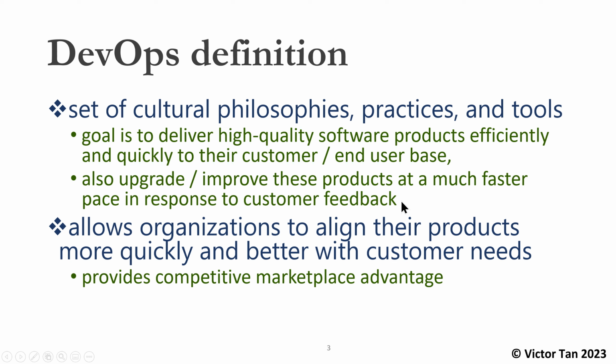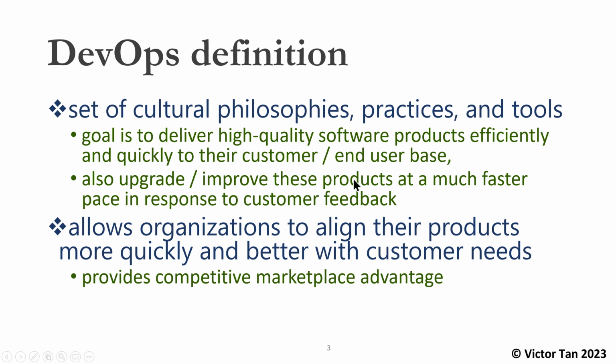So the fundamental idea is we want organizations to be able to align their products more quickly and better with customer needs, and the end result of that is that these organizations or companies will then achieve a competitive marketplace advantage. Alright, so that's the high level overview of DevOps.